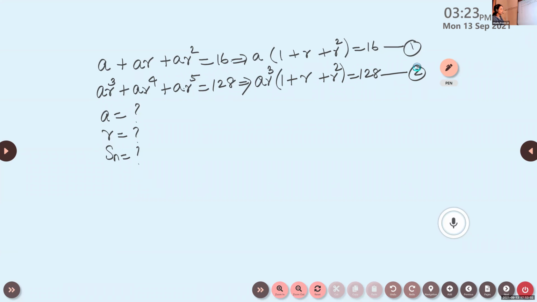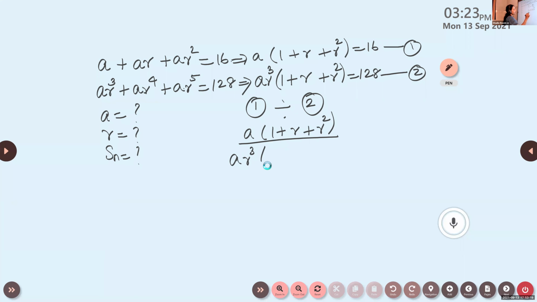So now what we can do? I'm going to divide the first equation by the second equation. When we divide LHS with LHS and RHS with RHS, A into 1 plus R plus R square by AR cube into 1 plus R plus R square is 16 by 128. A will get cancelled.